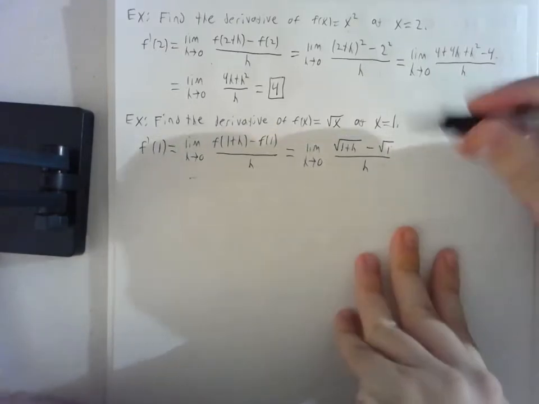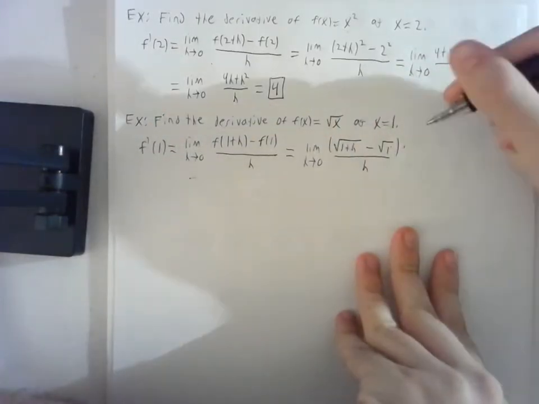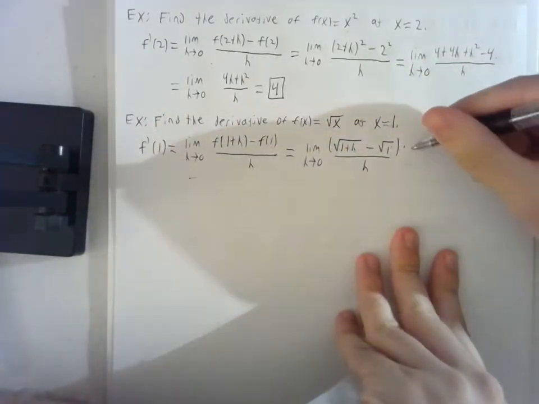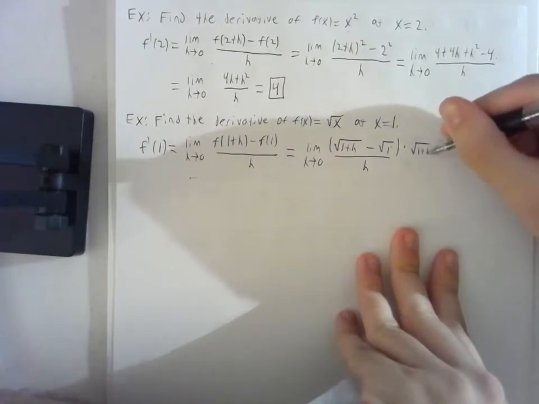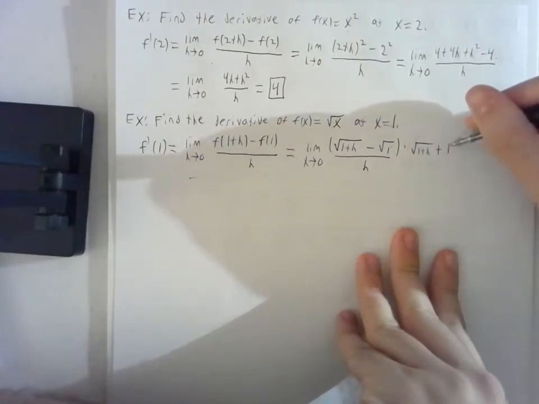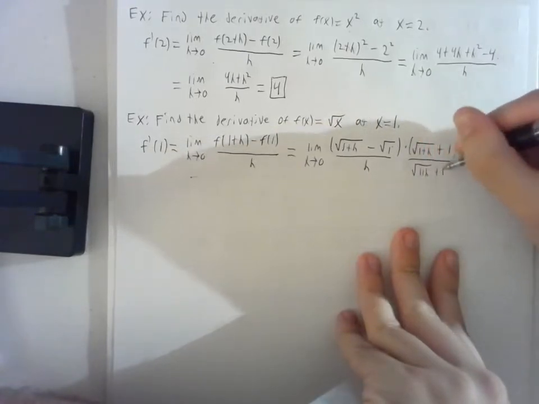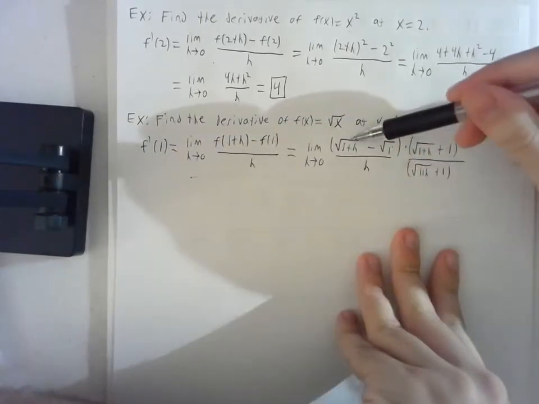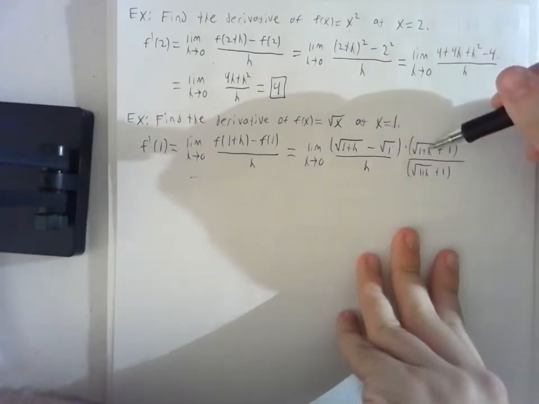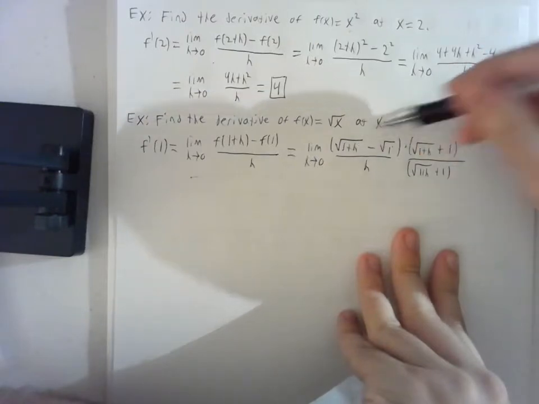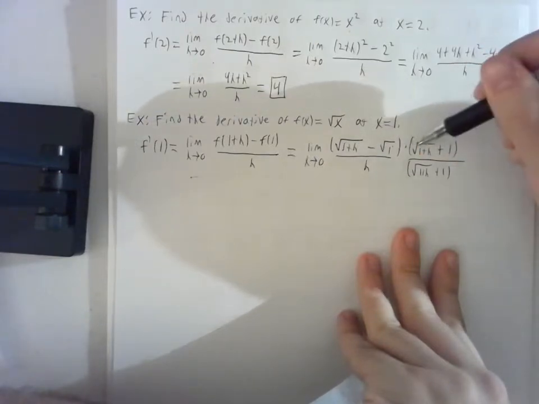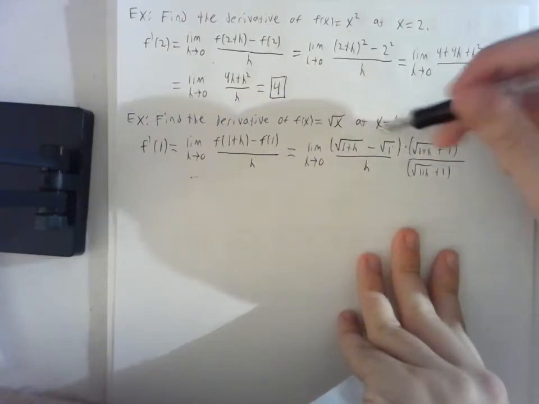We multiply both the top and bottom by square root of 1 plus h plus 1. And when we do this, you notice we get the square root of 1 plus h, squared, from this first term, which gives us just 1 plus h. Then we get minus square root 1 plus h and plus square root 1 plus h. Those will cancel. And then we get minus 1.